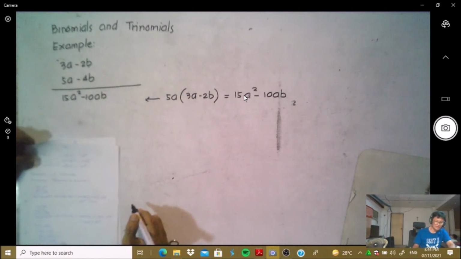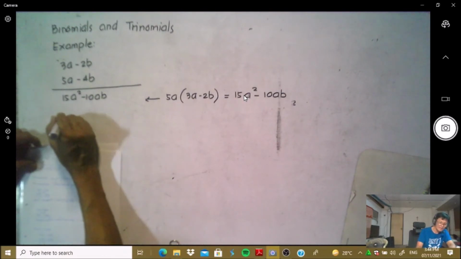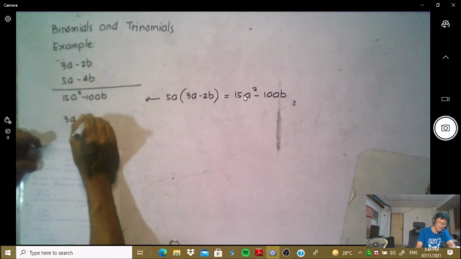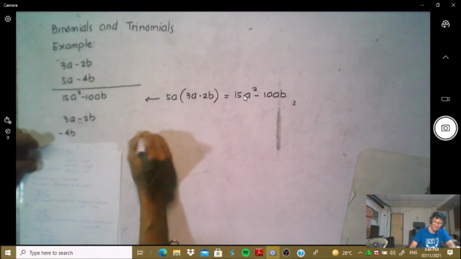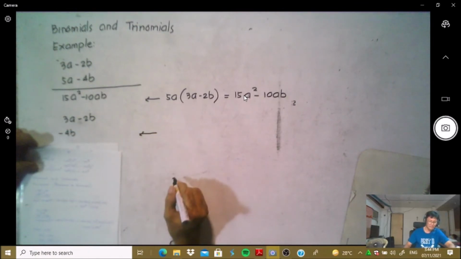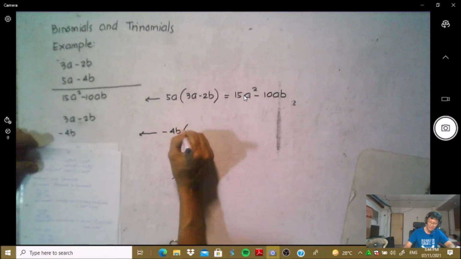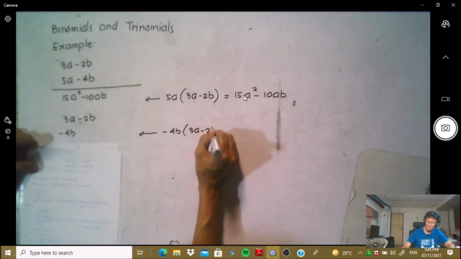Then next we are going to multiply 3a minus 2b with our second term here, that is negative 4b. Okay. So we have here negative 4b multiplied with 3a minus 2b.